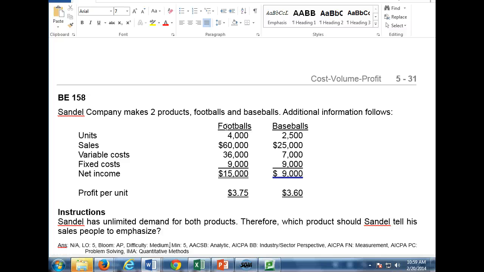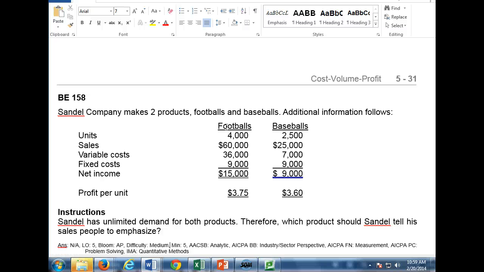What do you guys think? Shouldn't we determine what the contribution margin is for each item? And the one with the better contribution margin, shouldn't that be the one that we would want to emphasize? Because, guys, do you hear how the word unlimited demand means he can produce as many as he wants?